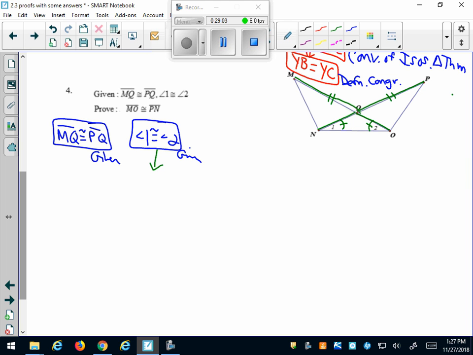Okay, I'm going to call it side QN, sorry, not angle. Side QN is congruent to side QO. What's the reason? Good. Converse of isosceles triangle theorem, because we're starting with information about angles being congruent and we're concluding the sides across from them are congruent.